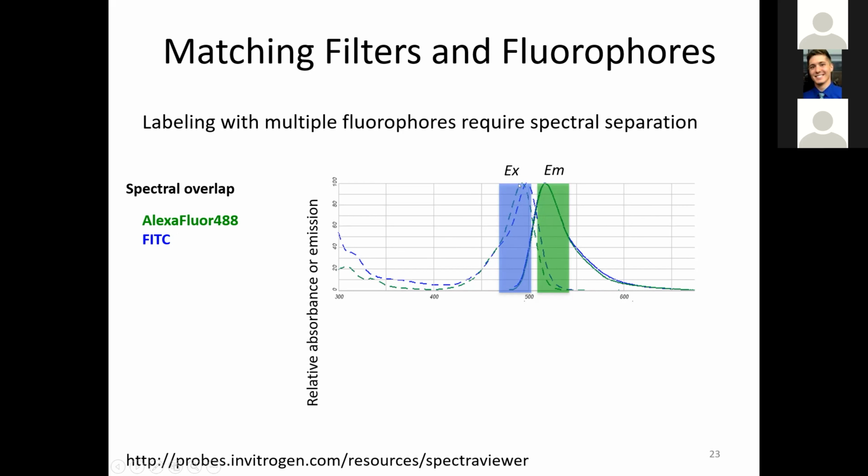We have our excitation in the dotted line, our emission in the solid line, the excitation filter spec in the dark blue bar, and the emission filter spec in the dark green bar. You see we're maximally exciting and maximally catching the emission. We are missing a little bit of our emission curve, the shorter end and the longer end, but for the bulk of that emission spectra, we're catching it.